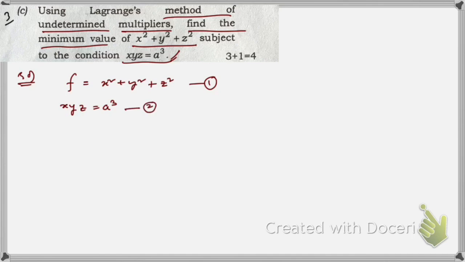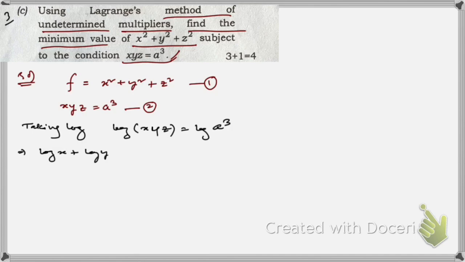So now here you see, taking log on both sides of equation number 2, we will get log of xyz and log a cube, which can be written, using the property of log, as log of x plus log of y plus log of z, right?